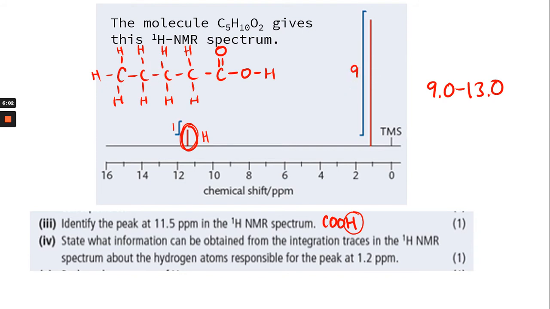Now that doesn't mean that there's one environment, but if you look at your data booklet, the CH3 has a shift of 0.9 to 1.0, and then the CH2s have a shift of 1.3 to 1.4. So there's a little bit of an overlap there. Nothing is precise, but they're all grouped together on this particular NMR.